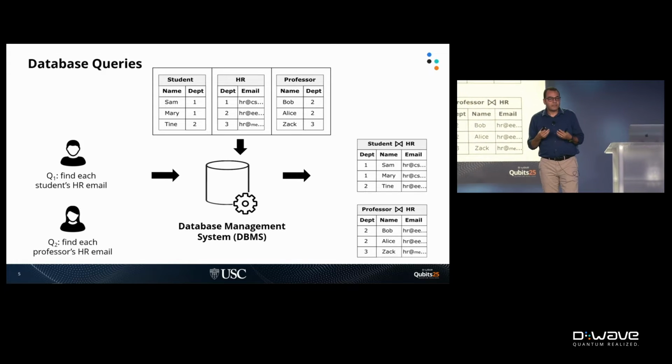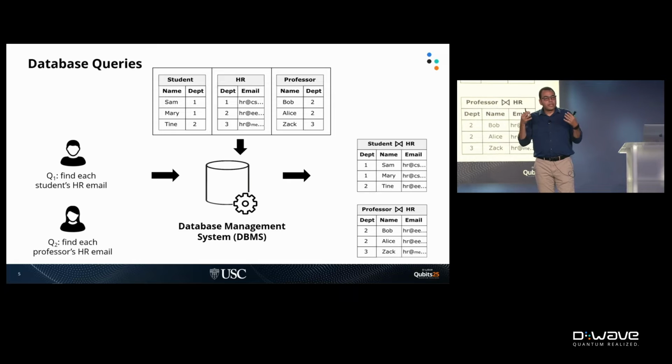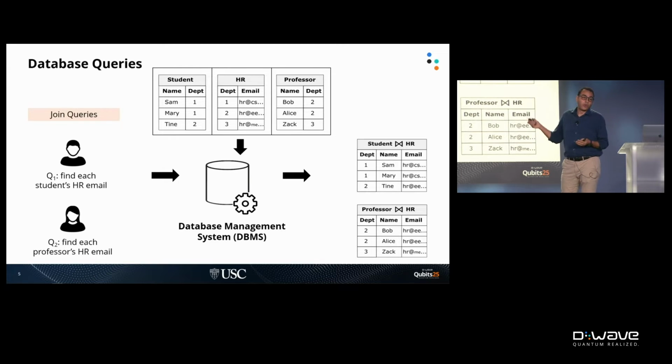So the question here is, how do we get these output tables? The DBMS will simply try to join the relevant tables included in your query to get the results that you're looking for. We call these join queries.